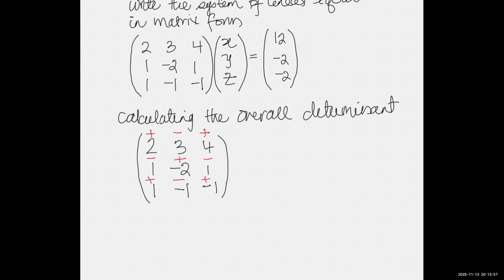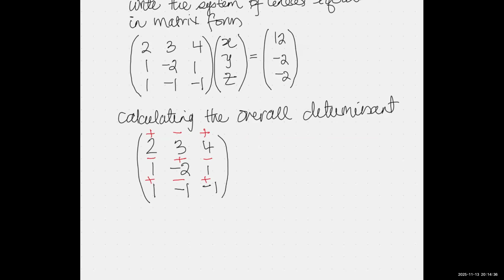The array of signs is always plus, minus, plus, minus, plus, minus, plus, minus, plus, because you always have A11, A12, A13, A21, A22, A23, and A31, A32, A33. Remember where we start? We start with plus and end with plus.